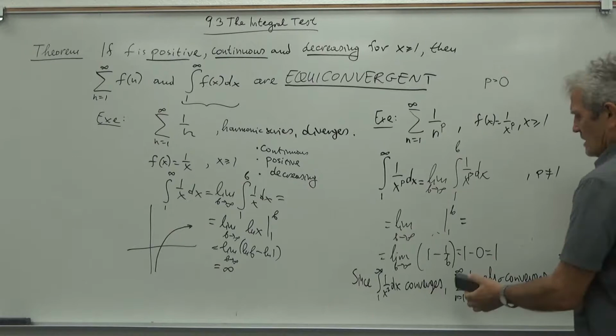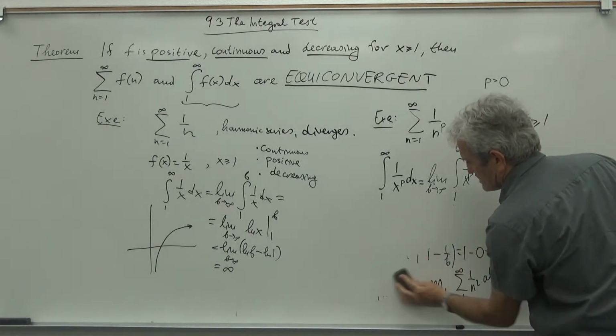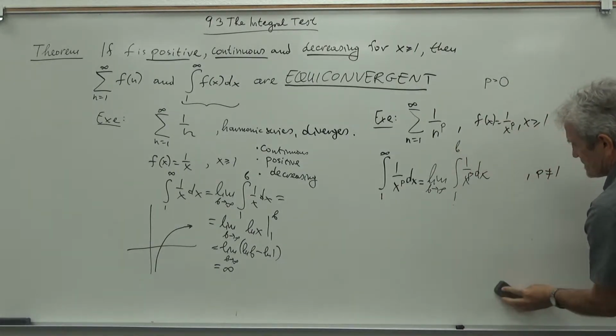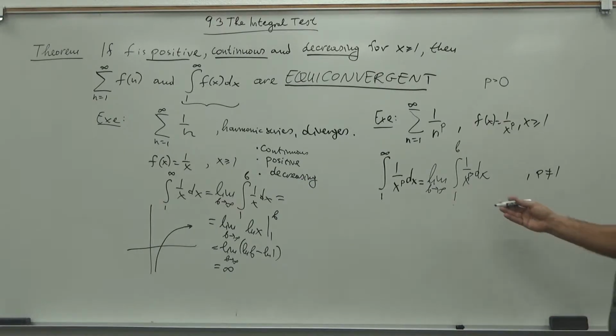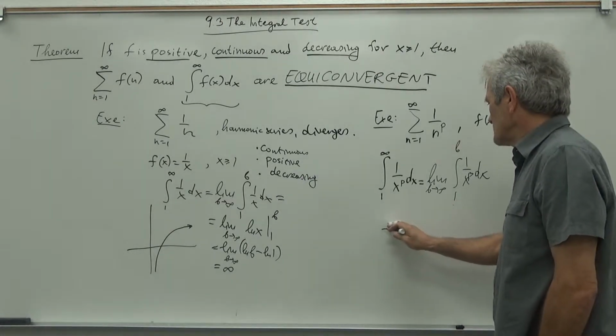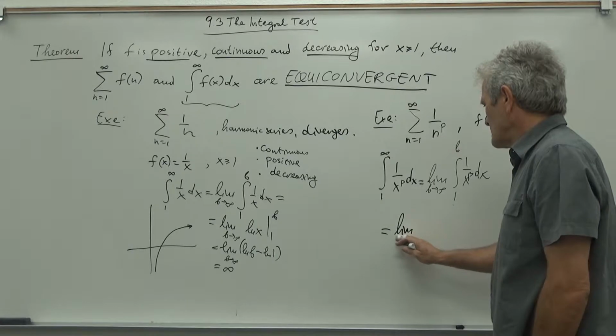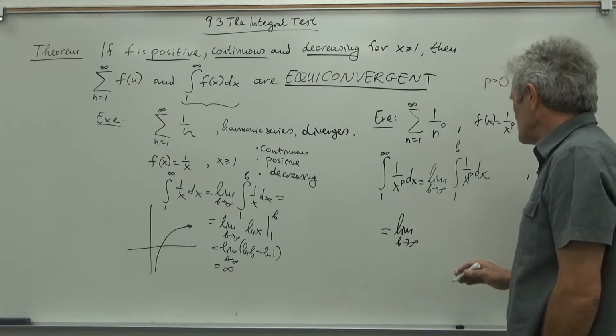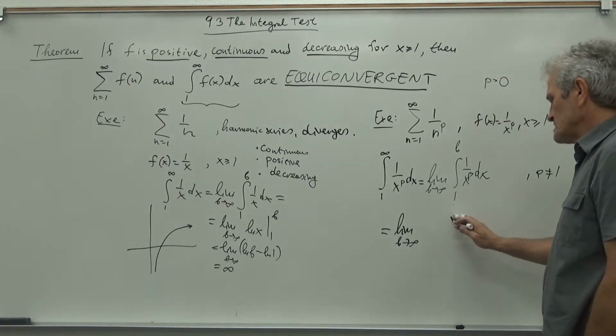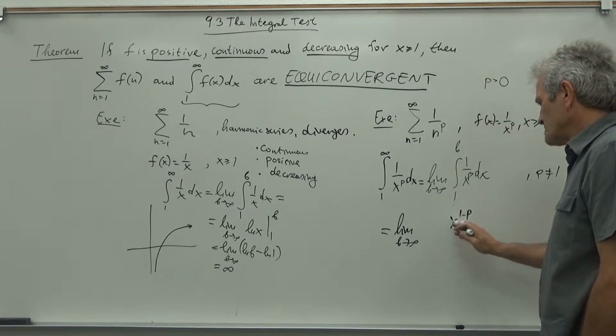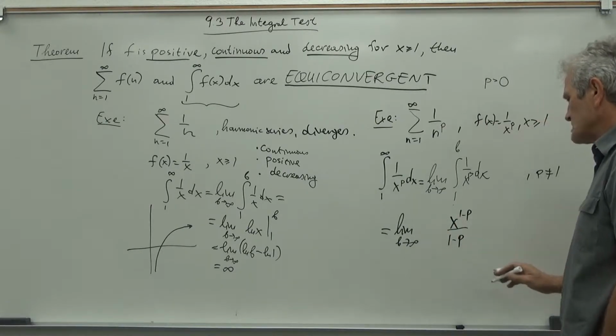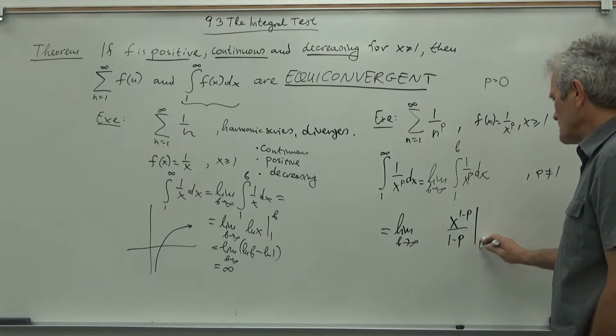I'm just repeating the same analysis in the general case. So that would be the limit when b goes to infinity. This is x to the minus p, so it will be x to the 1 minus p over 1 minus p between 1 and b.